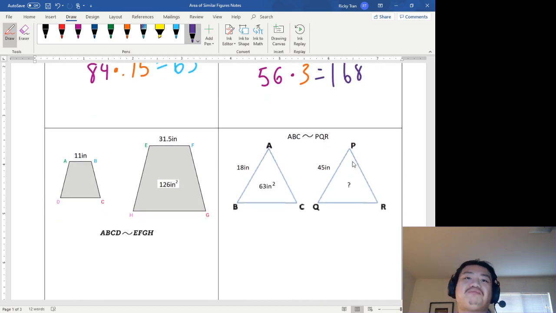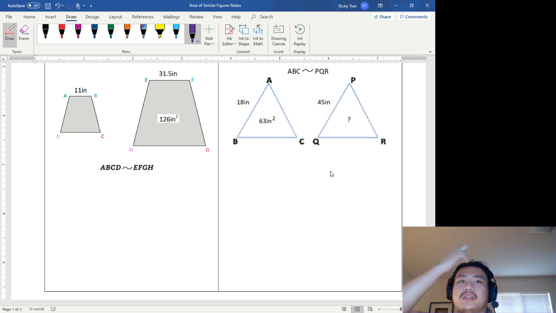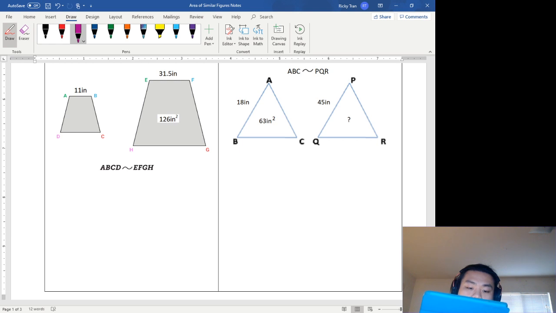Same thing happens over here. So here's our first shape, and we're trying to find this. We have our second shape here and it goes to our first shape, and our area for the second shape is 162.